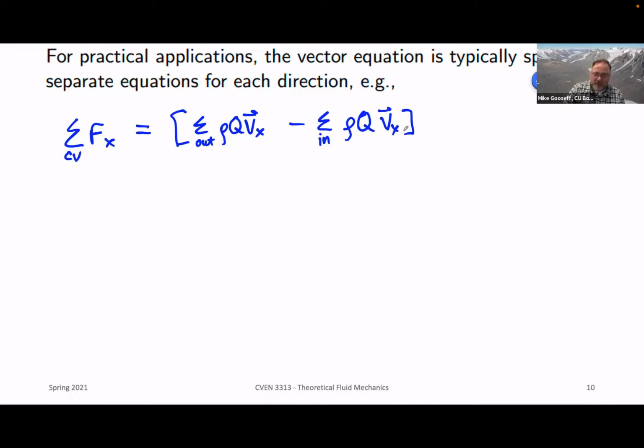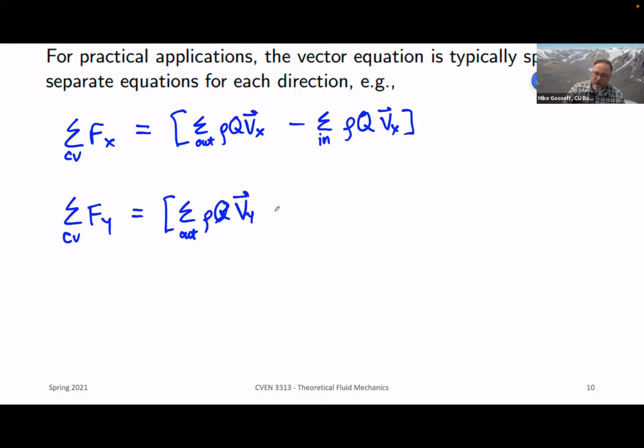And then we can write the same thing for the y, right? So the sum of the forces acting on the control volume in the y direction are equal to the sum of all of the outflowing momentum fluxes. So rho times q times vy, velocity vector. That q looks terrible.